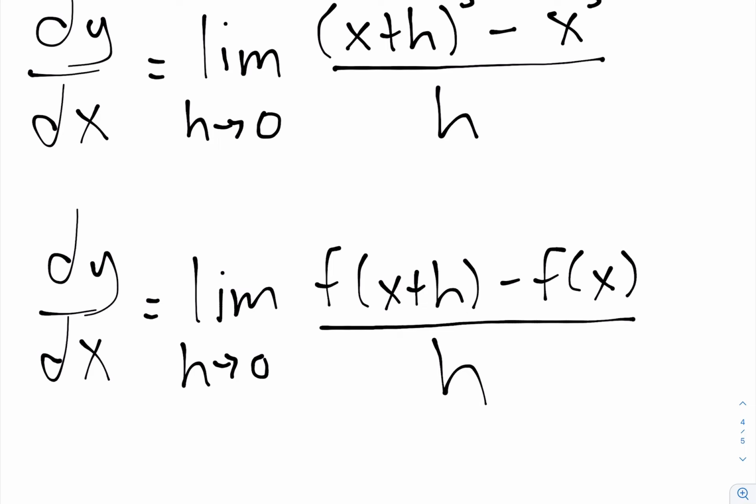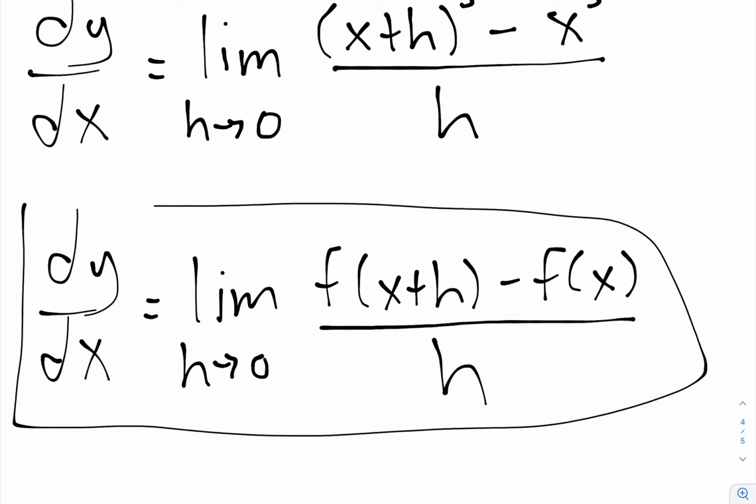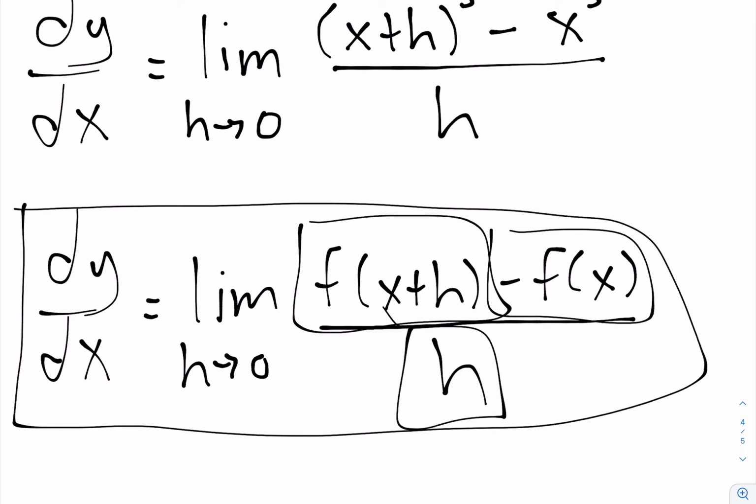So h is close enough to 0 that we can pretty much call it 0. It's infinitely small, except if we put 0 on the bottom, it's going to give us an infinitely large answer, which isn't going to be a real number. So this is called the definition of the derivative. This is just your change in y divided by your change in x.